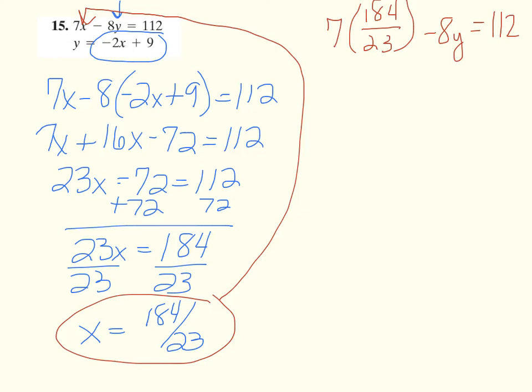So I have 7 times 184, which is 1,288. That cancels out. 8 times 23 is 184, and 112 times 23 is 2,576.